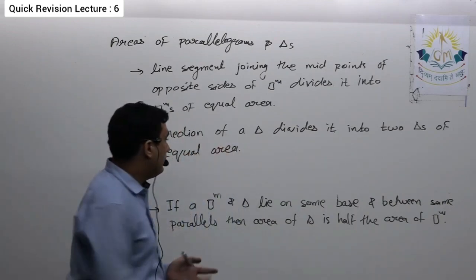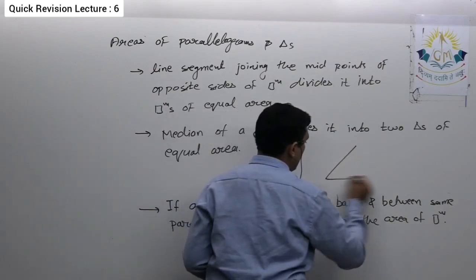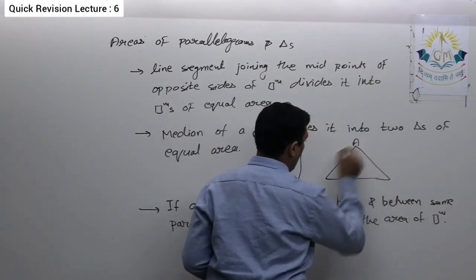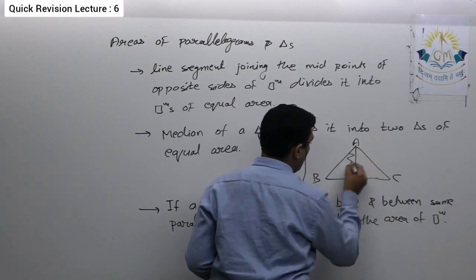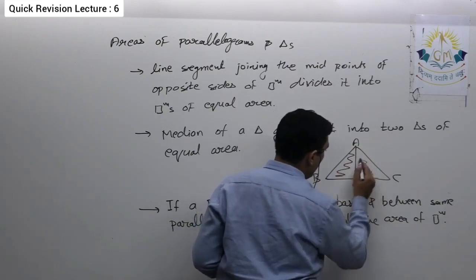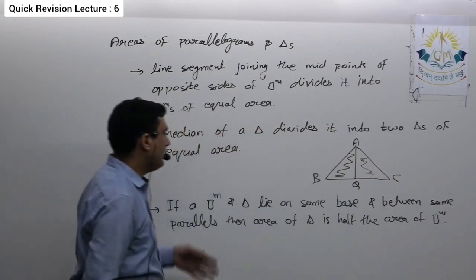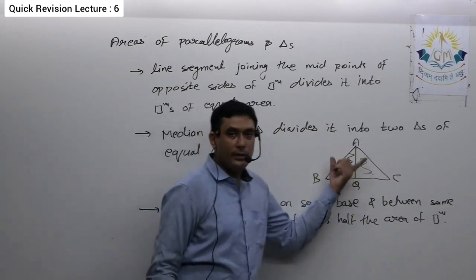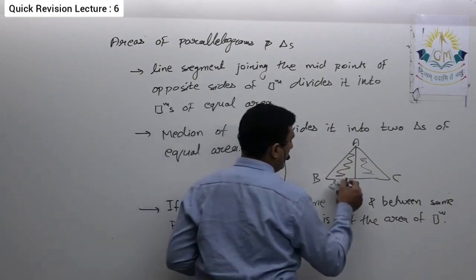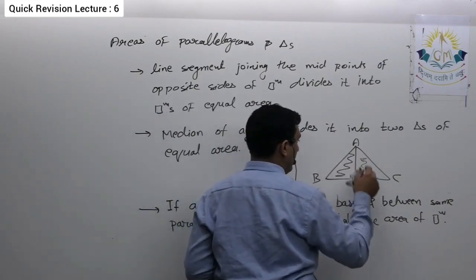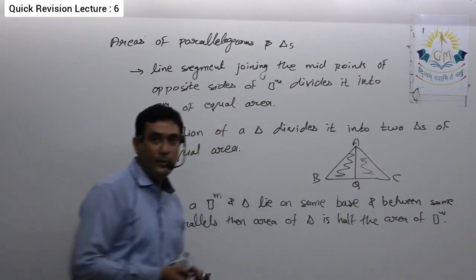Suppose we have a triangle in this way. ABC is a triangle, and suppose AQ is a median, then the area of this left triangle will be equal to the area of this right triangle. Or we can say the area of each triangle is half the area of the original triangle. That means area of ABQ is equal to area of AQC is equal to area of ABC by 2.